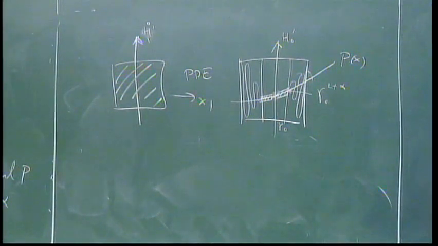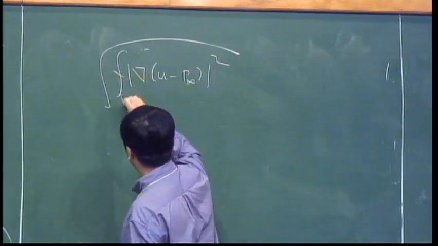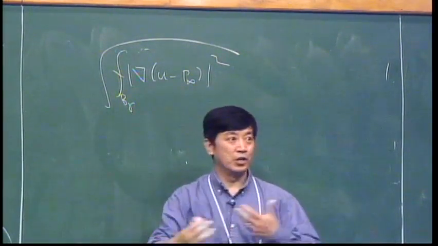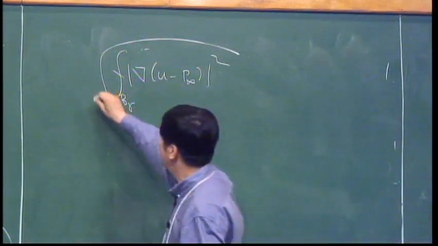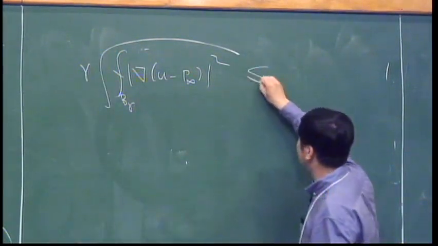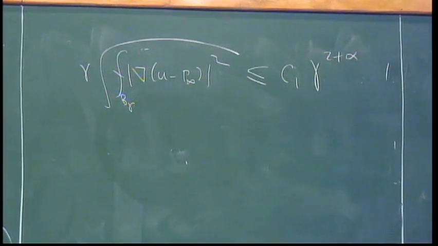Then at the end of the day, you get this estimate, U minus P infinity squared, for all R, because you shake it between two geometrical radii, less or equal to C1 R to the 2 plus alpha. So what does it mean?